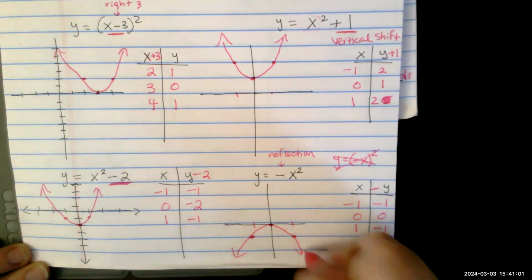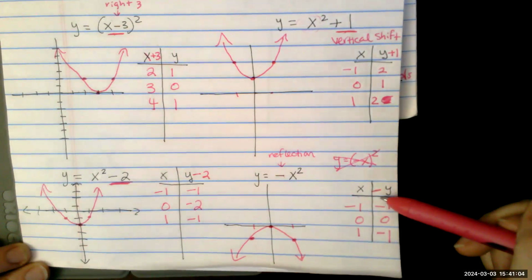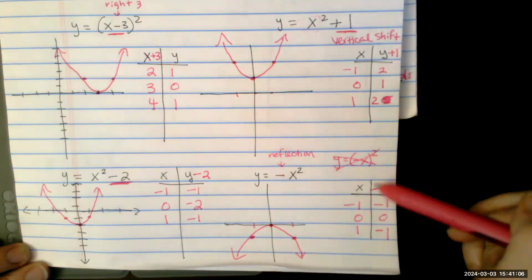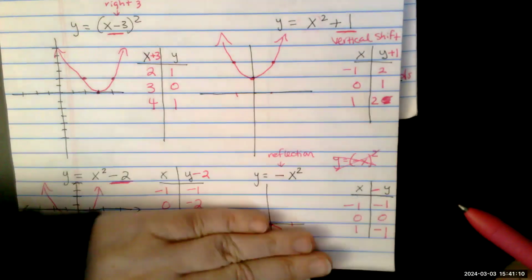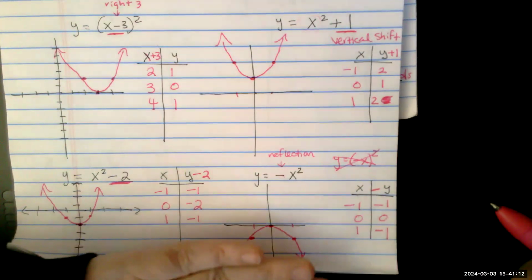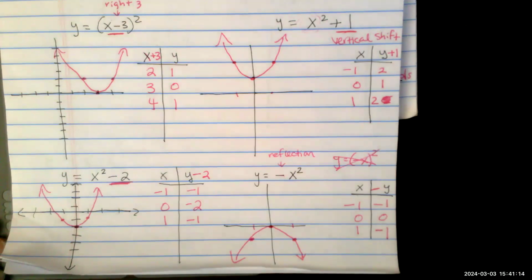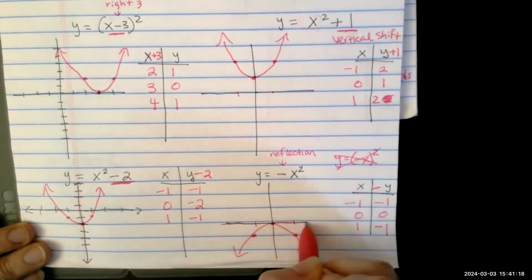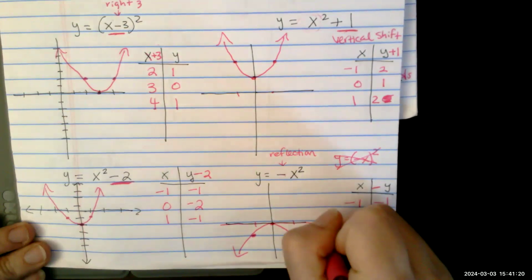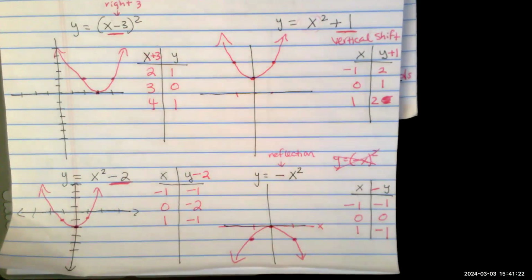So apparently, when there's a reflection which affects the y, it really flipped the whole graph down. But if it was already down, it would have flipped it up. So the easier way to say it instead of up or down is that it flipped the graph over this line. Remember, this line is actually the x-axis.